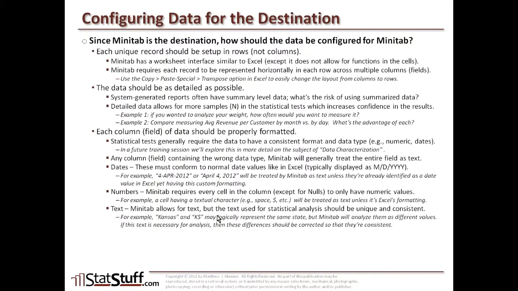So as an example, if you have a value representing the states within the United States, well, you might have one for the state of Kansas where you spell out the word, and another one with the abbreviation of KS representing Kansas. Both of these are Kansas, both of those are accurate, but when you work with your data in Minitab, it's going to treat these as two distinct values. It's no longer consistent.